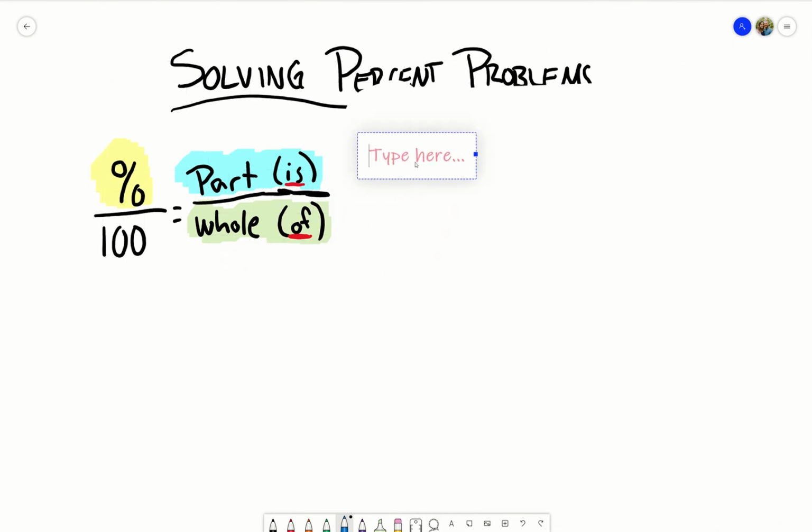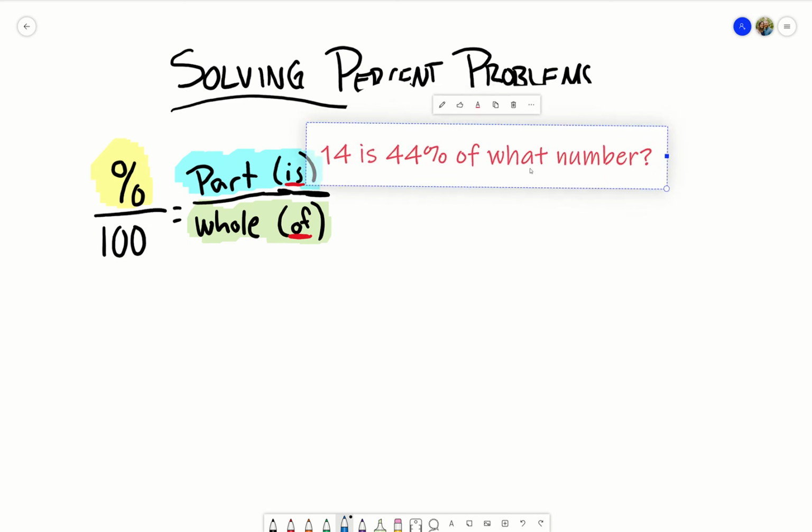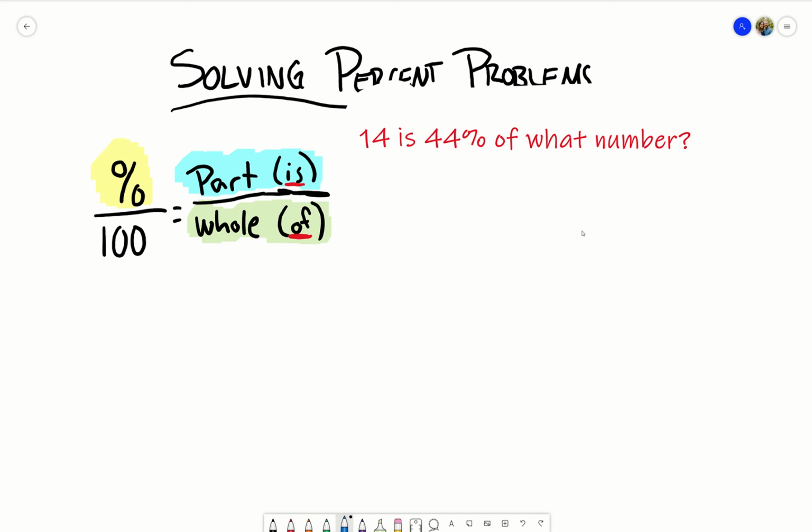All right. Let's say I have the question: 14 is 44% of what number? All right, remember, starting our proportion, always looking like this.